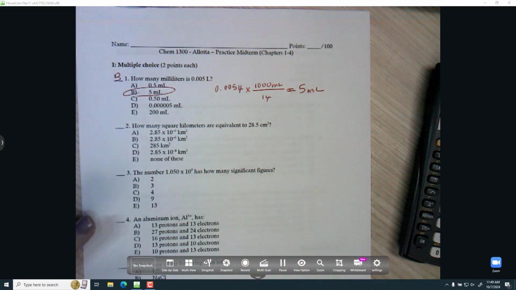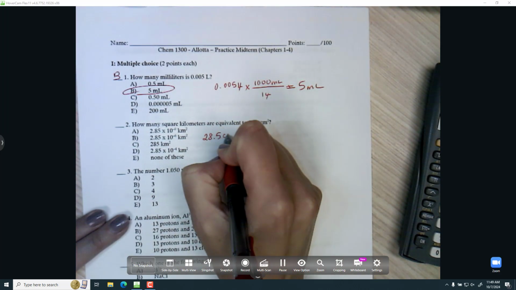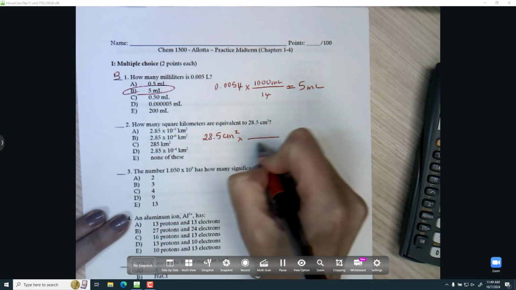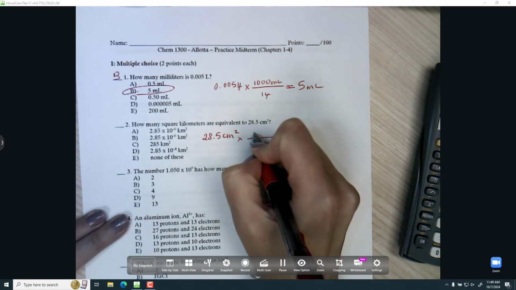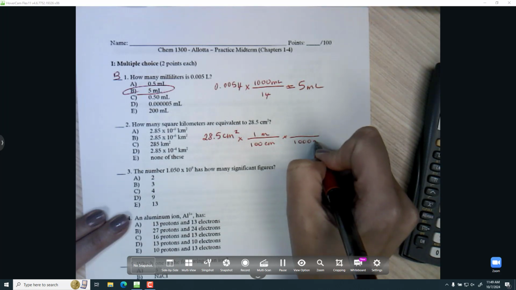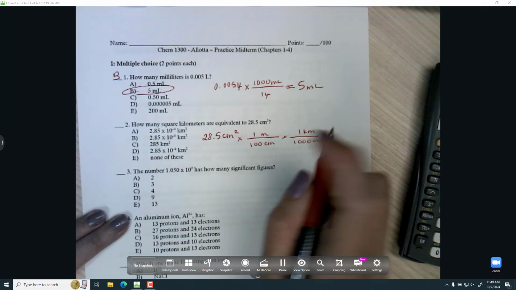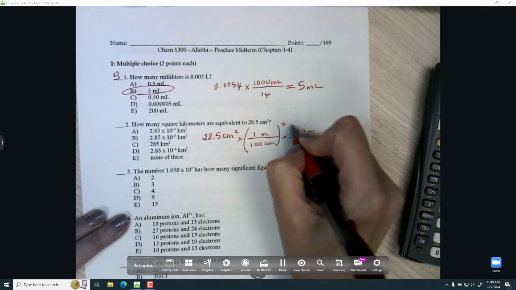Similar for the second one, except because this is centimeters squared, I need to consider that. So let's think about how to get from centimeters to kilometers first. There's 100 centimeters in 1 meter and 1,000 meters in 1 kilometer. But because it's squared, I need to square each of the conversion factors as well.